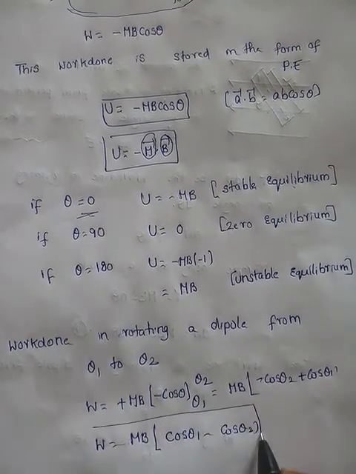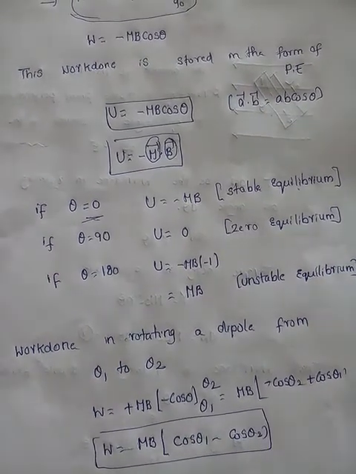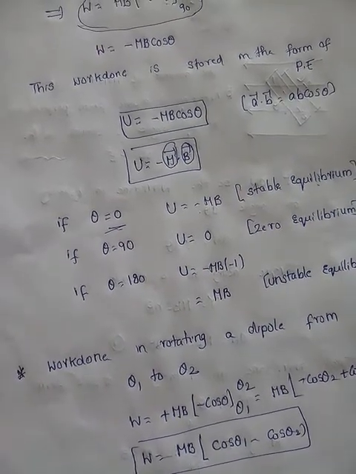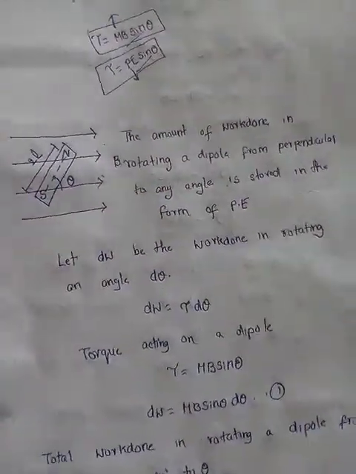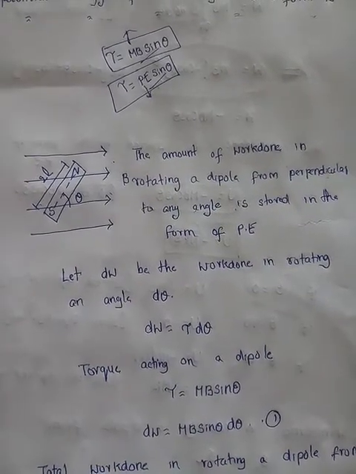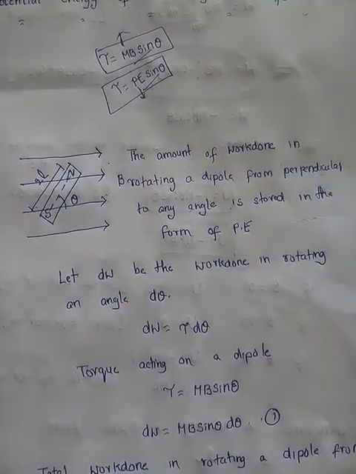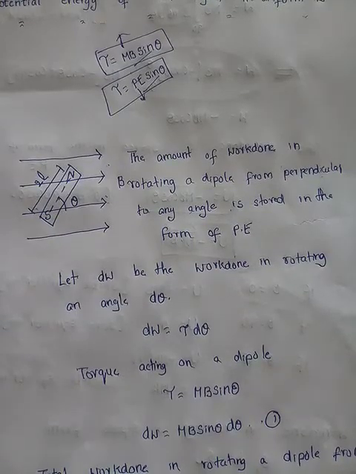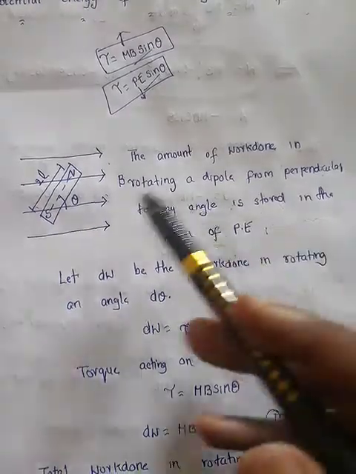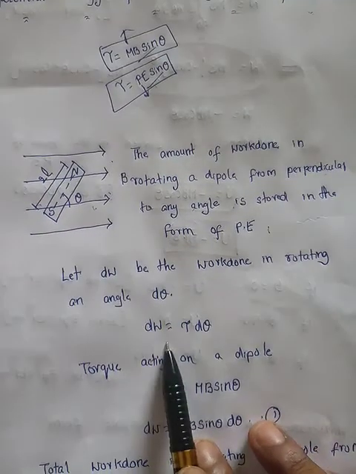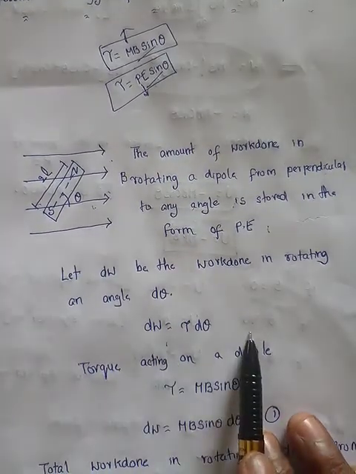So, from a problem point of view, this is very important. What did we learn here? Potential energy of a bar magnet in a uniform magnetic field. What is potential energy? The amount of work done in rotating a dipole from perpendicular to any angle is stored in the form of potential energy. At first, we rotate the dipole through an angle d theta. For this, the work done is dW equals tau into d theta.